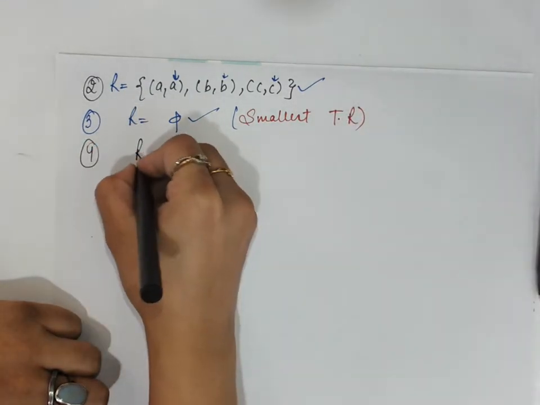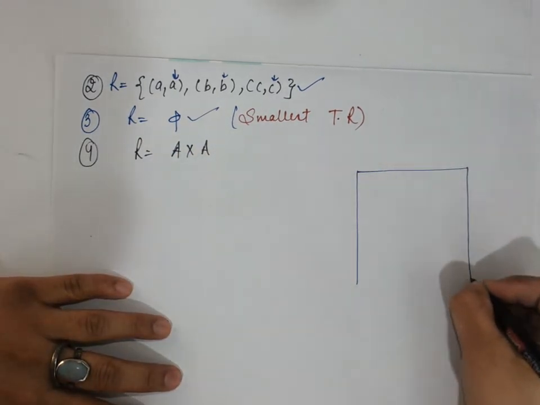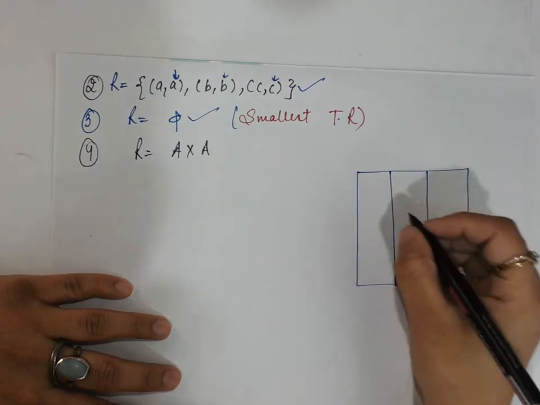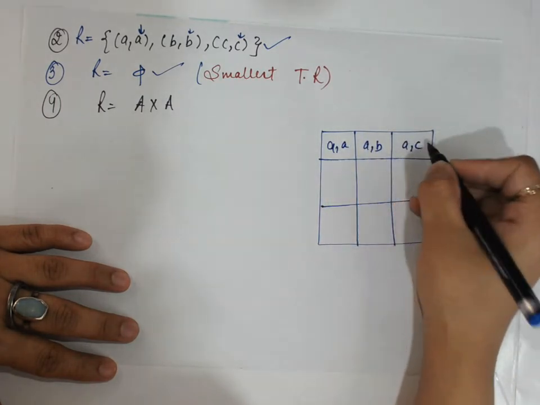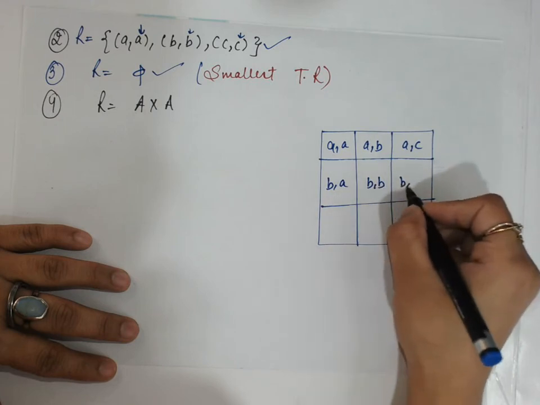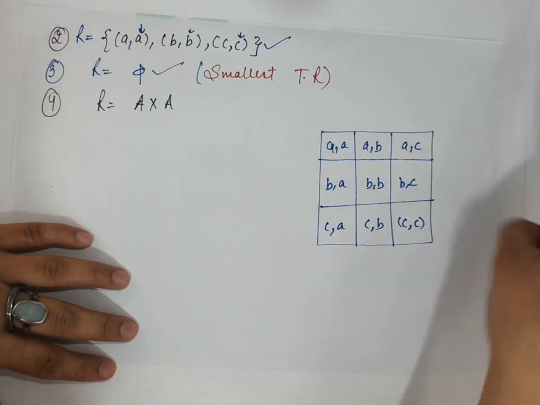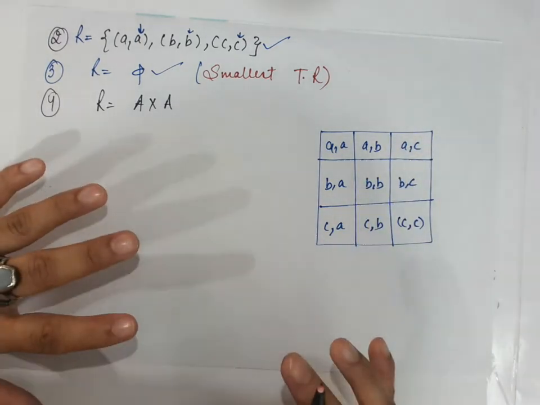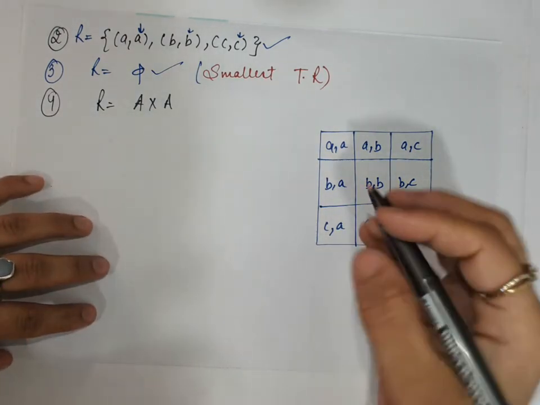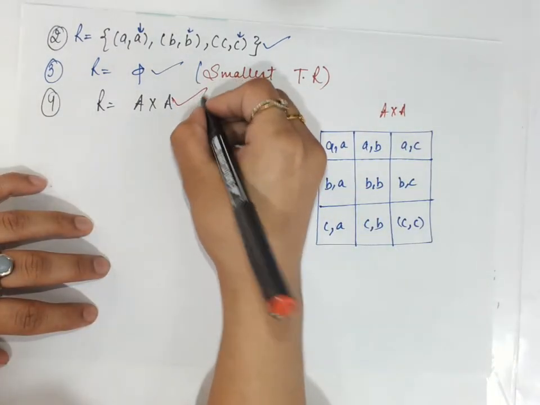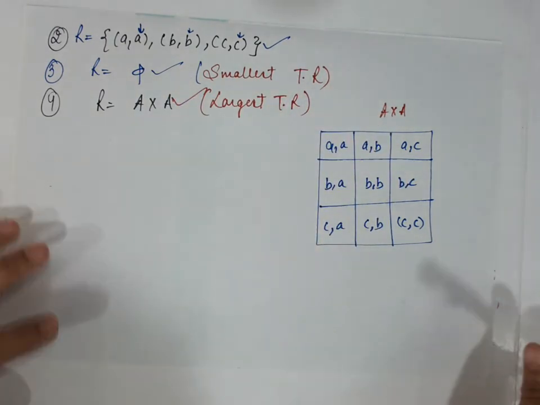Now fourth, R is equal to A cross A, the Cartesian product of A: A comma A, A comma B, A comma C, B comma A, B comma B, B comma C, C comma A, C comma B, C comma C. In A cross A, all the pairs exist. Therefore all the transitive conditions are satisfied in the Cartesian product of a given set. Therefore the largest transitive relation possible is R equal to A cross A.